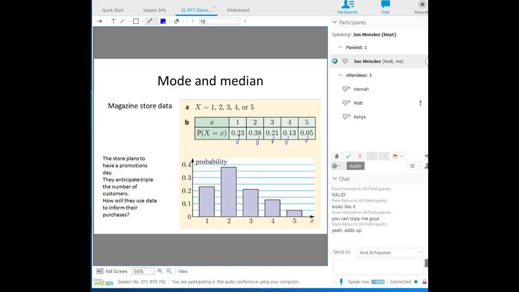How many magazines do they buy? The number of magazines bought is the variable, and the outcomes are they buy 1, 2, up to 5 magazines. Apparently, this store's pretty lucky. No one comes in browsing. So one of the outcomes you might expect was 0, but for this shop, it's not.